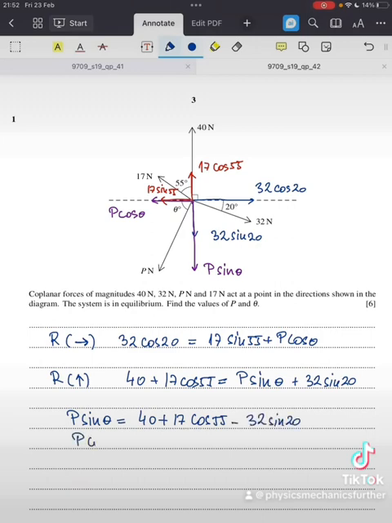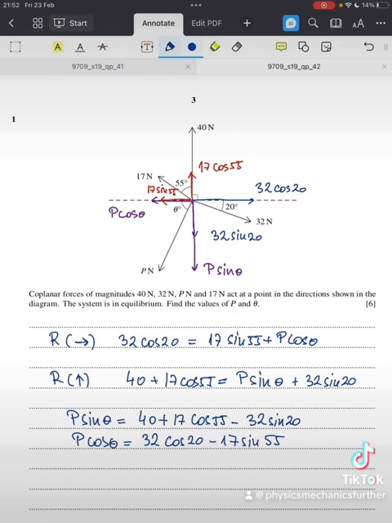I'm going to do the same for P cos theta, which is equal to 32 cos 20 minus 17 sin 55. Once you have these two relations, the easiest thing to do is to divide the two relations.